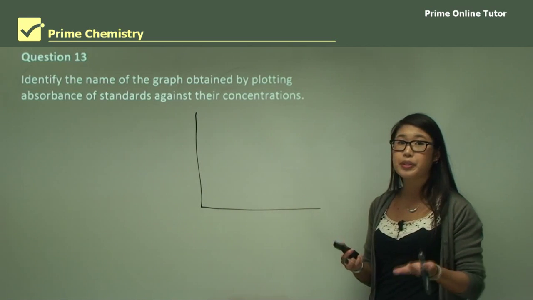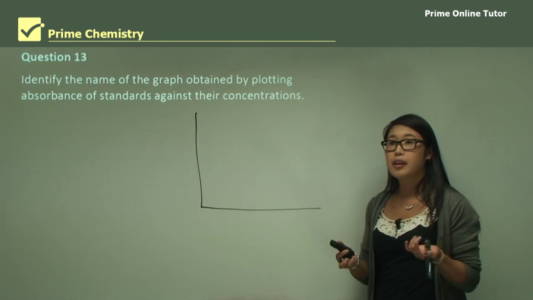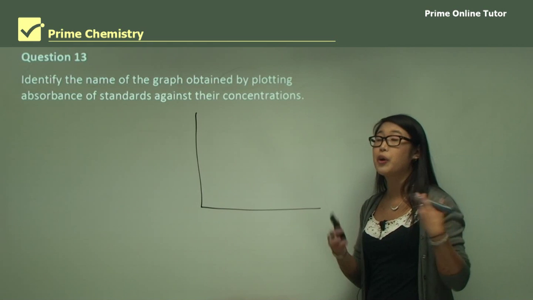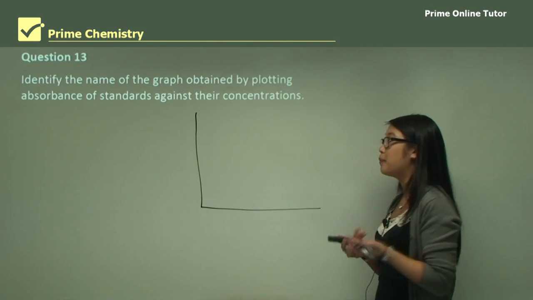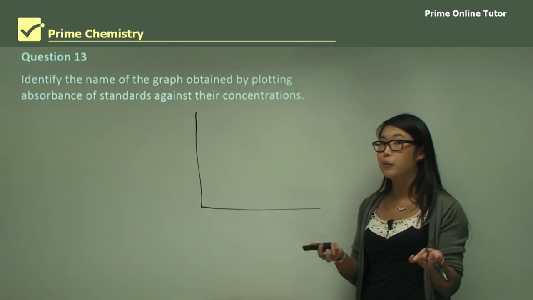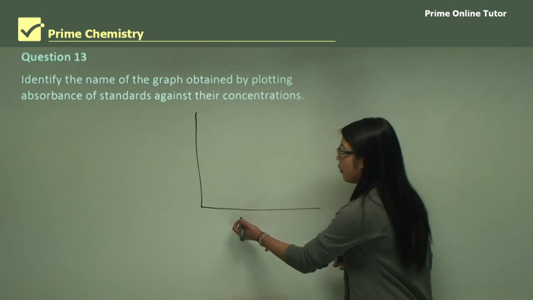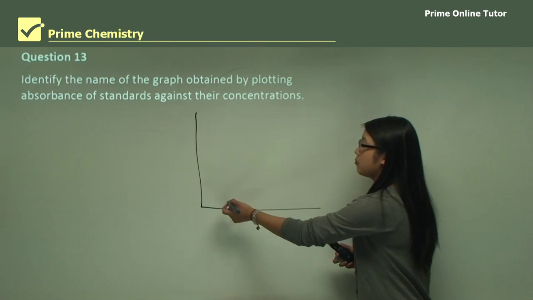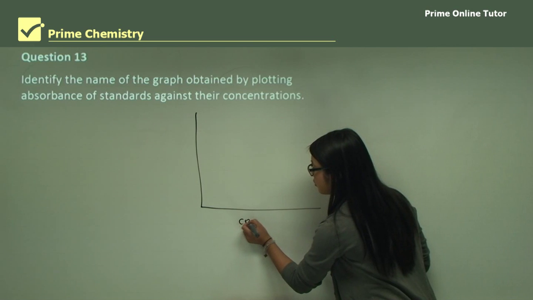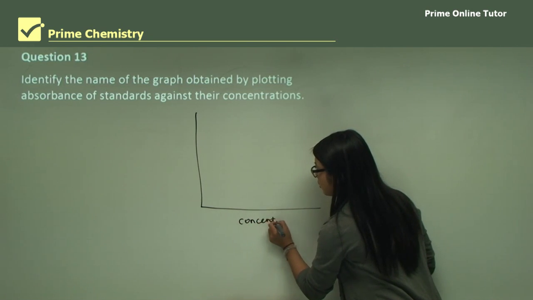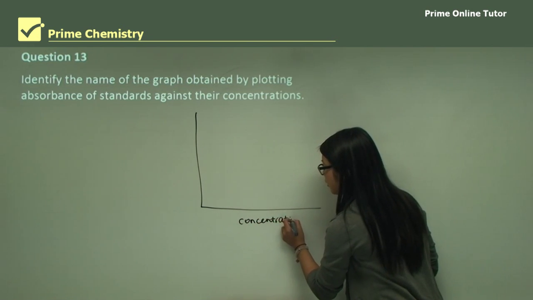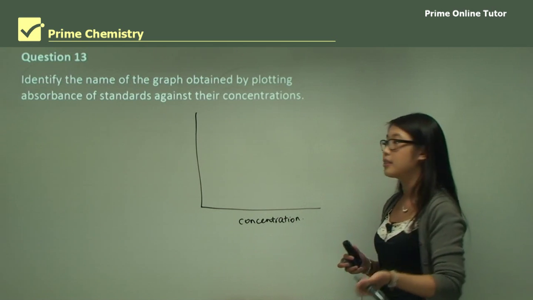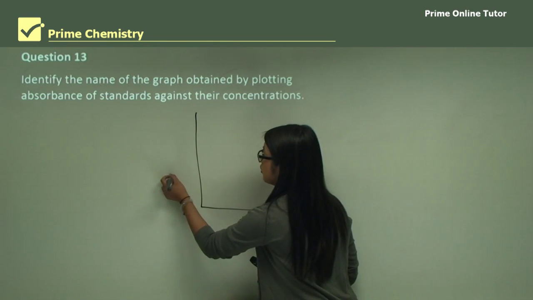So what we usually do is we get a known sample of a known concentration of our sample. So here we'll look at, say, we have concentration on our x-axis, and on our y-axis we plot absorbance.